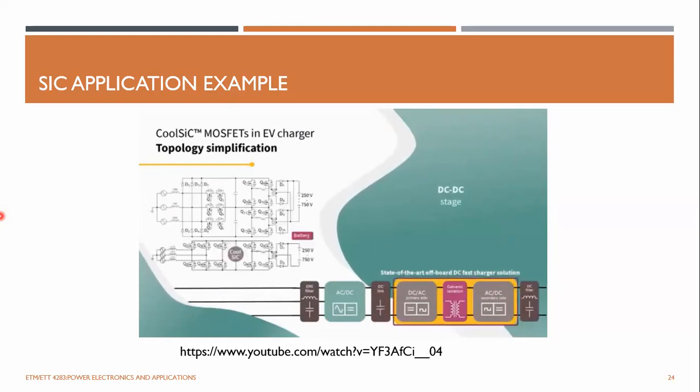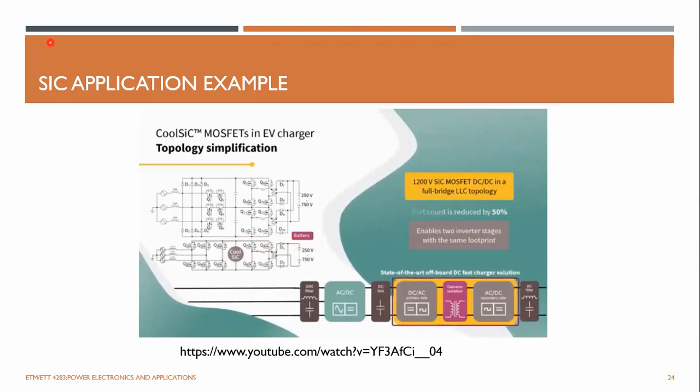In the DC-DC stage, there has been a move from two cascaded interleaved LLC topologies that use 650-volt silicon components to a single full-bridge LLC solution. With a 1200-volt SiC MOSFET DC-DC full-bridge LLC topology, part count is reduced by 50%, enabling two inverter stages with the same footprint.